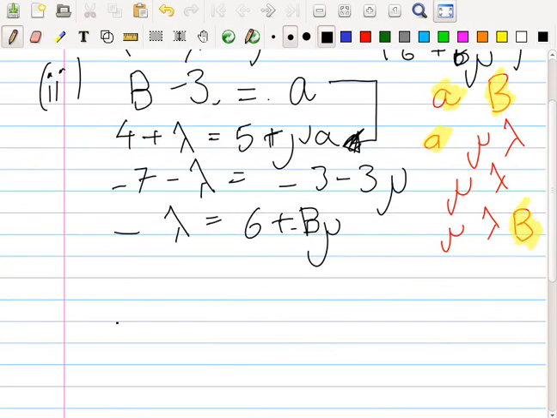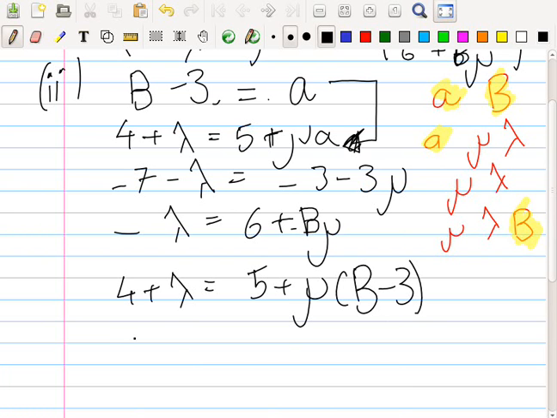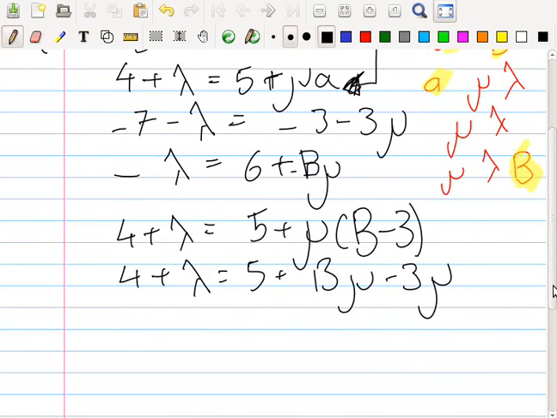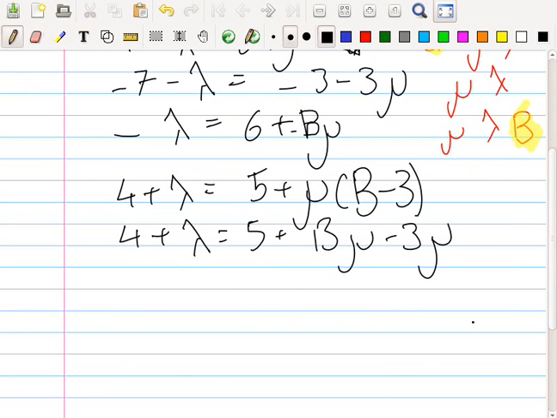And you'll notice now, equation number 2 becomes this. Yeah. 4 plus lambda equals 5 plus b mu minus 3 mu.